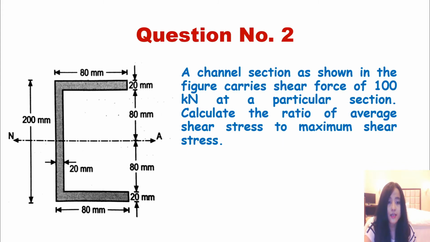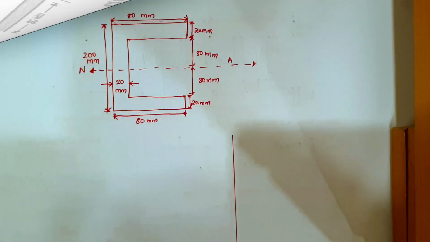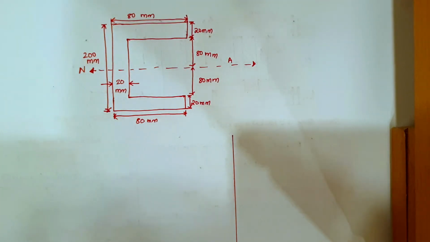Let's see. Let's get started with this numerical. For this channel section, the figure is given and its dimension is all given. So from this diagram, we need to find the ratio of average shear stress to maximum shear stress.